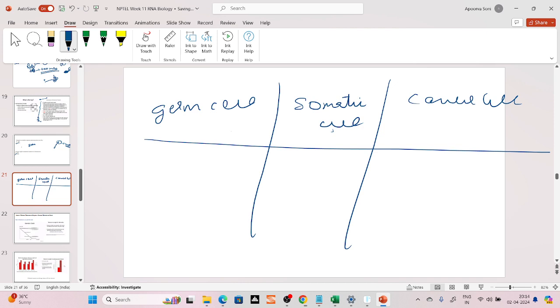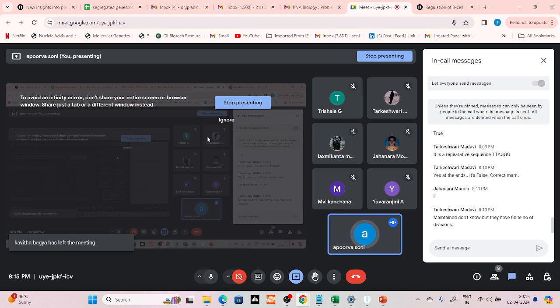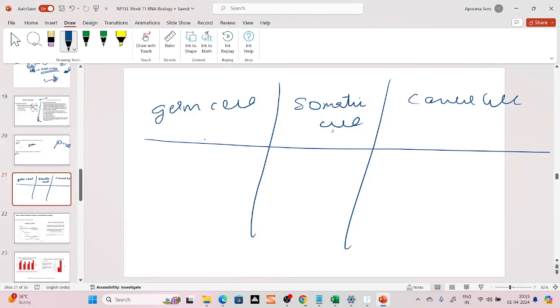Now tell me, in germ cells, will telomere length be maintained, or will it reduce after a certain number of divisions? It will be maintained in germ cells. That means the length of the telomere is continuously maintained here in germ cells. In cancer cells also it is maintained because they are immortal.